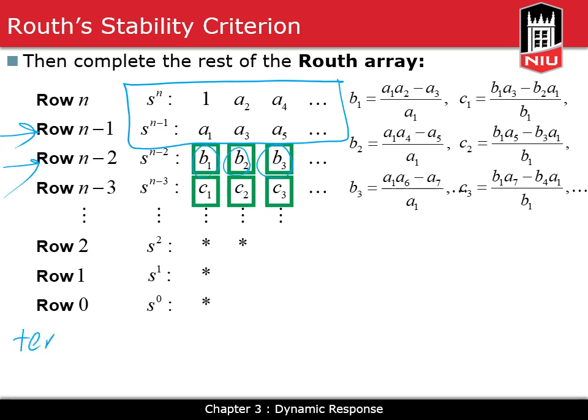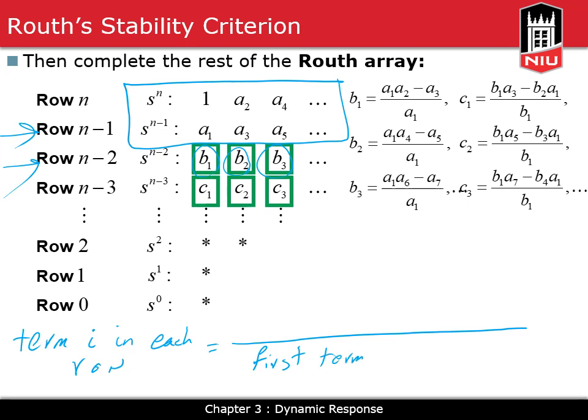Term I in each row equals: in the denominator, we have the first term in the row above. That's easy to find. In the numerator, we have the negative of a determinant. That's a 2 by 2 determinant.